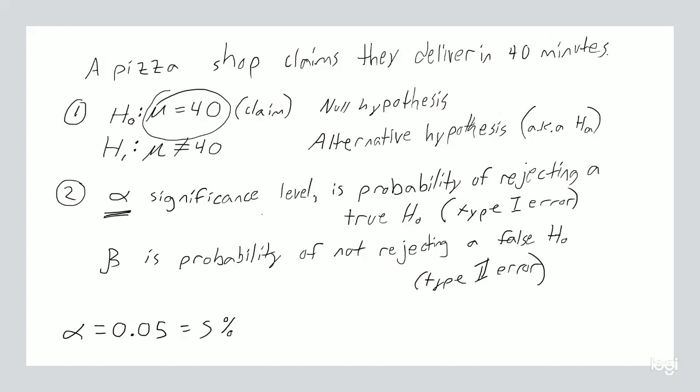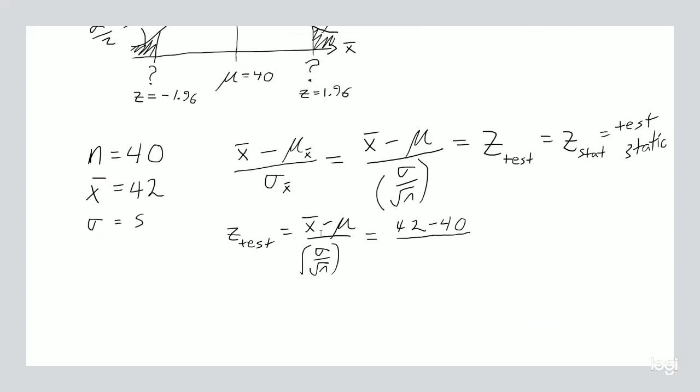That's our assumption. We're sticking to it for now. So that's divided by 5 divided by the root of 40. And then we just do our calculation. So 5 divided by the square root of 40, 0.79. And that gives us 2.53.